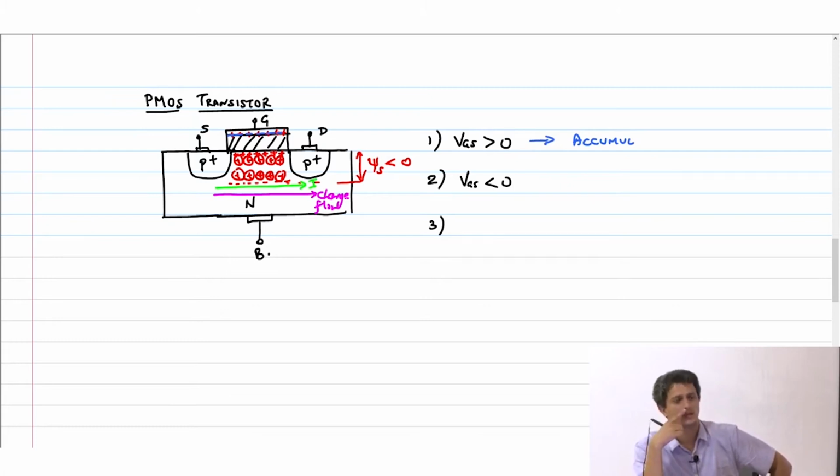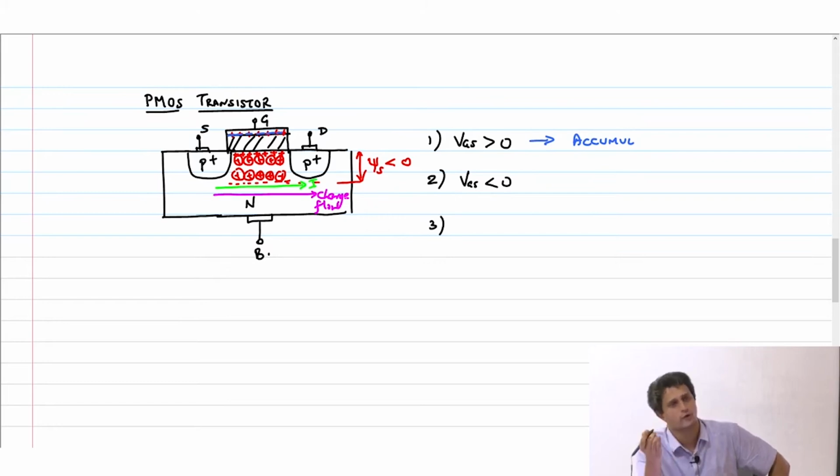So if you look at this now, compared to the source, what should be the nature of the voltage I apply on the drain side? Should be a negative voltage, because again current can flow only from high potential to low potential, that doesn't change. NMOS transistor or PMOS transistor, that doesn't change.